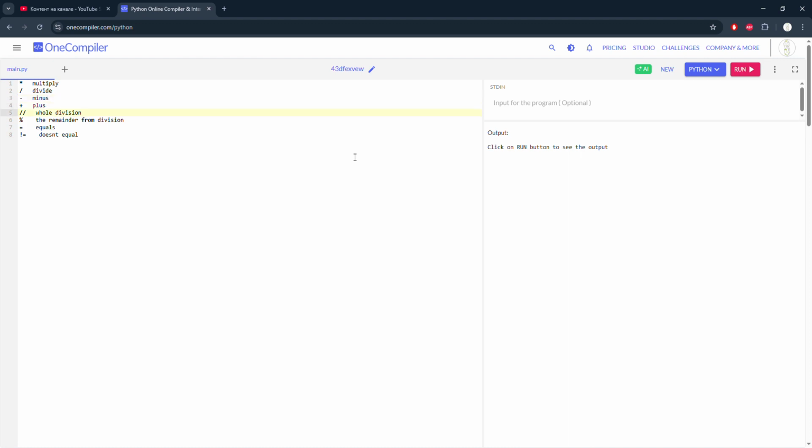Two slashes is division without the remainder, and the percentage mark is the remainder from the division. The equal mark is equals, and when you put an exclamation mark before the equals, that means it doesn't equal.